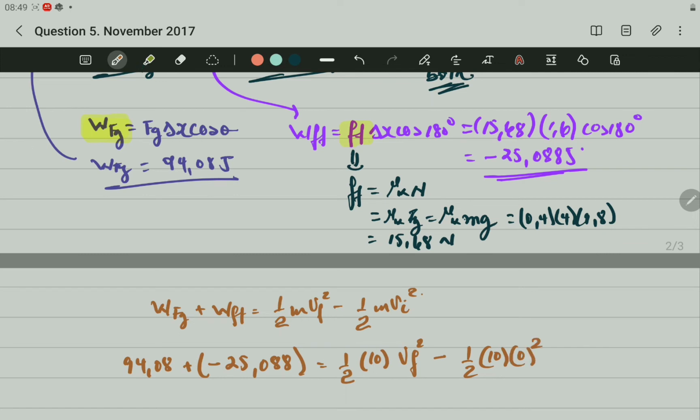It's 10 here because the objects are moving together. It's a system, so that's why I use 10 there. I add the masses and we get the final speed of both of them, which is the same one.